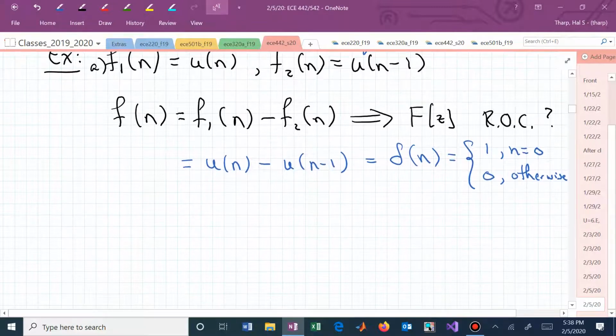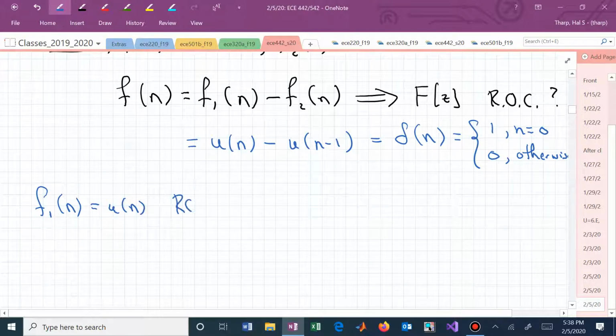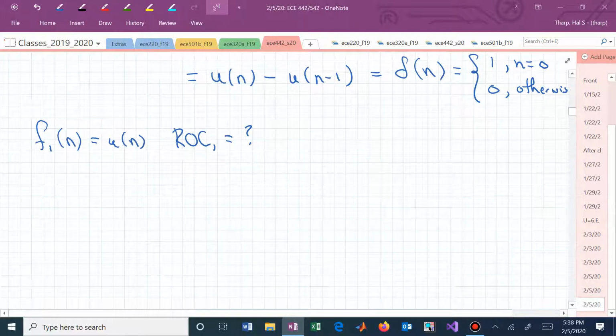Meaning, suppose we now ask, what is the region of convergence associated with f sub 1? And we'll call that ROC1. Or let's just find capital F sub 1 of z.